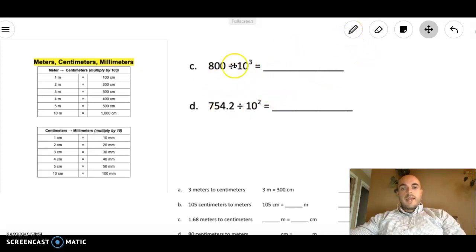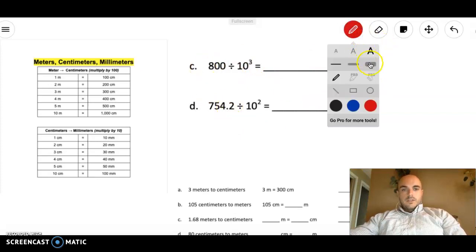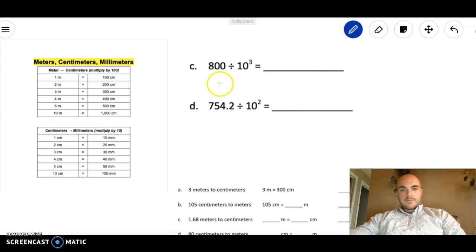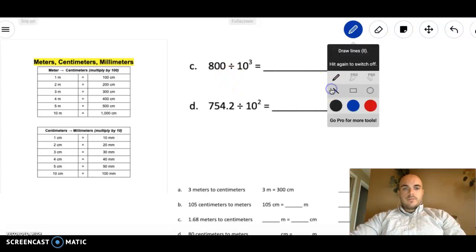So this is going to be a review from yesterday's lesson, just to make sure that we really got this, okay? So I'm going to write in blue. I'm taking 800 and I'm dividing it by 10 to the third power, okay? Now just like I showed you yesterday with the zero trick with exponents, which again is this little power up here, this number 3, you can rewrite this number one of two ways.